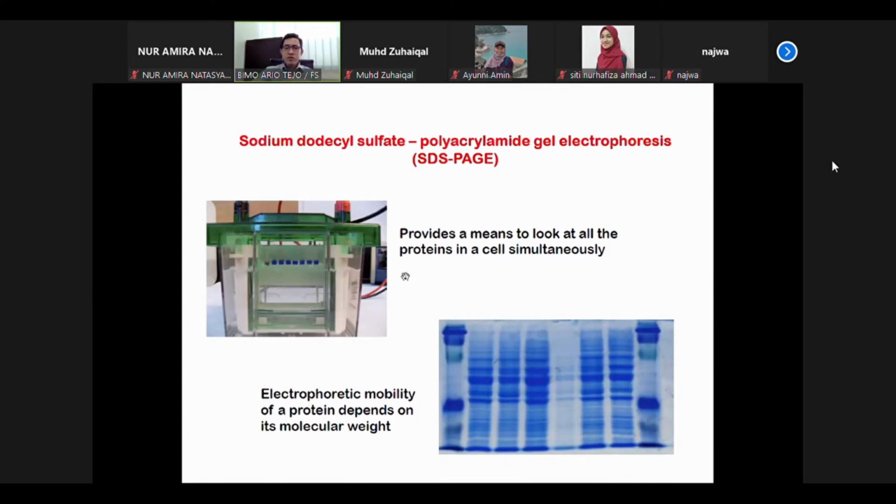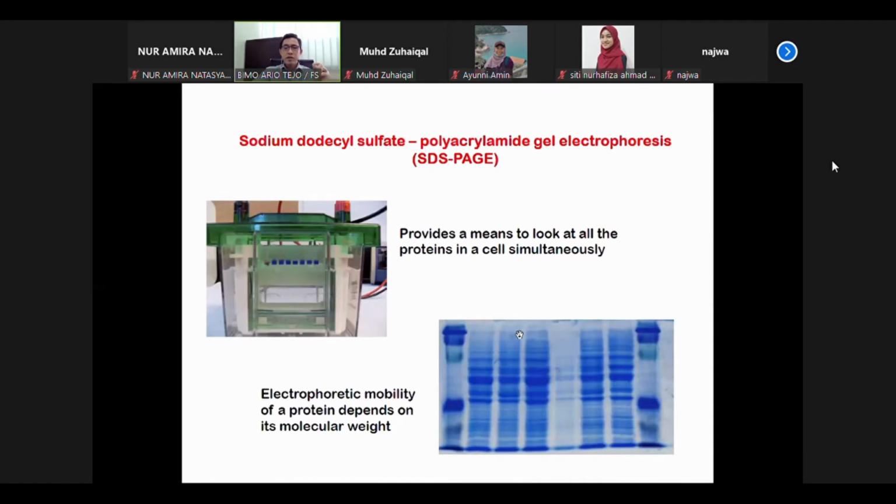So we use this SDS-PAGE to see the size of a protein. The electrophoresis can separate proteins depending on the molecular weight. Normally the sample that we are dealing with has several proteins. It's a mixture of several proteins, and these proteins have different molecular weights.